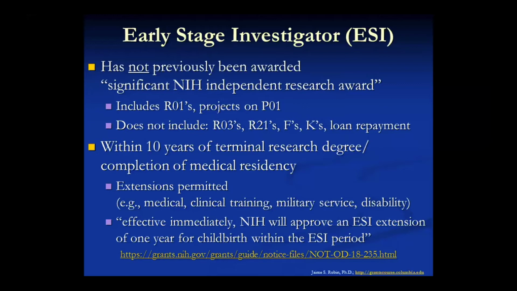This is how NIH determines whether somebody is an ESI and the end date of their ESI status. And it's very important, as you're going to see in a second, that if you meet the ESI criteria, your grants are tagged as having an ESI principal investigator.